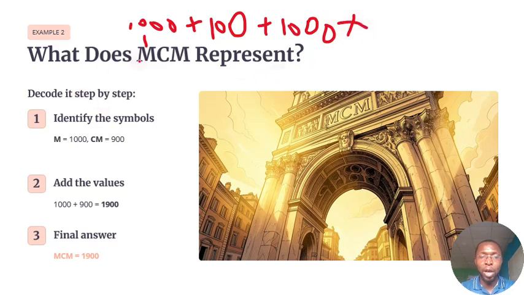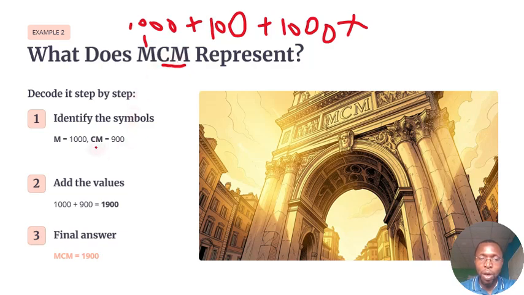What you need to do here is the letter in front of the smaller value should be considered, and that is 1000. So that's what you consider first. So that will be 1000 minus 100. So this CM represents 900. Okay.